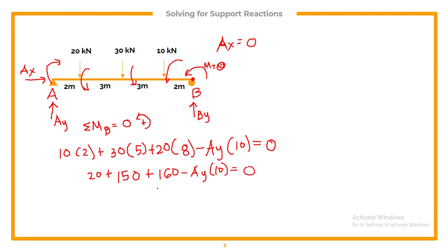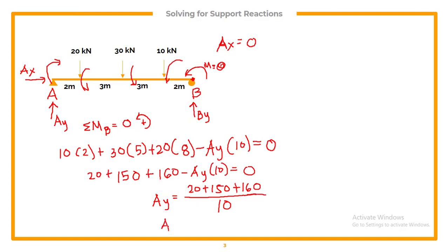It is just algebra, guys. AY is automatically moved to the other side, so it becomes positive: 20 plus 150 plus 160 divided by 10. Basic algebra only, guys.